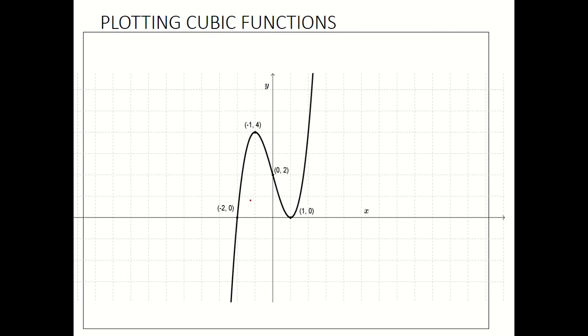You'll realize that I simply start by first plotting my intercepts. And then I plot my turning points. Obviously, that will be my turning point, and this will be my turning point, and this is all I do.